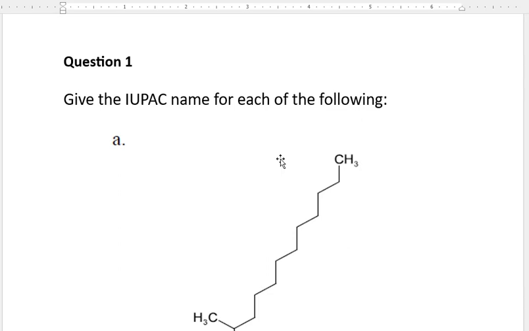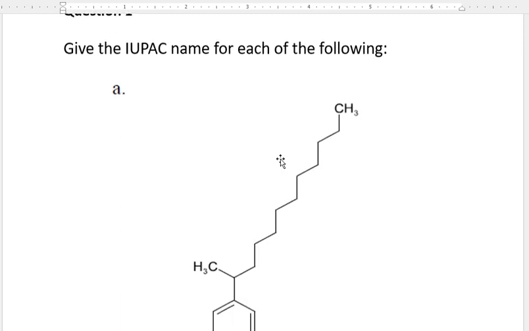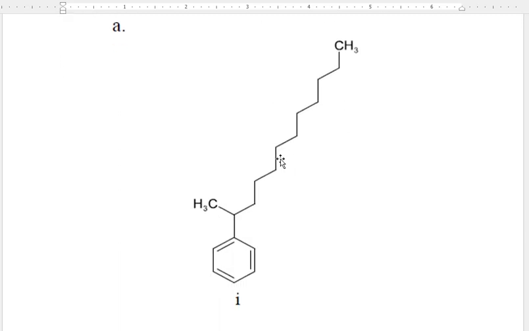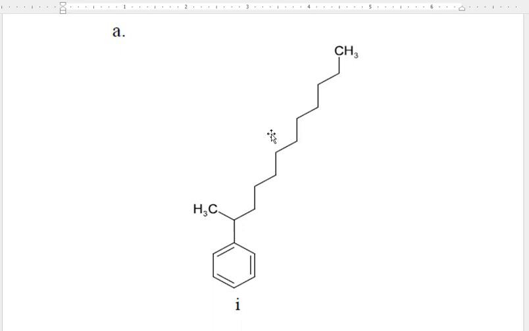I need to mention here that for the first one, we have this structure. We also have a ring here, a cyclic shape. So how do we name this one?